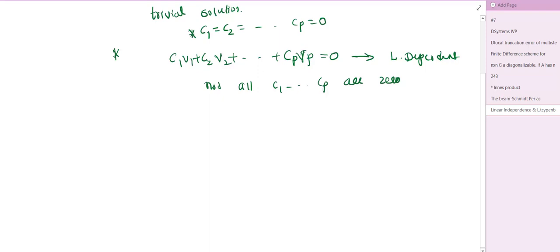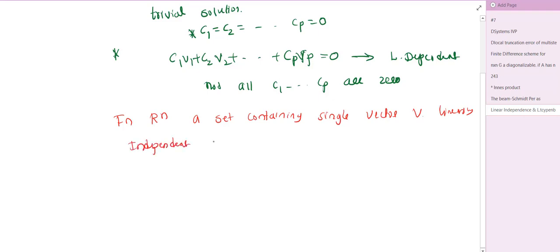So now, for example, some properties we can discuss under the same scenario. Say in Rn, a set containing a single vector V is linearly independent if and only if V is not equal to 0.